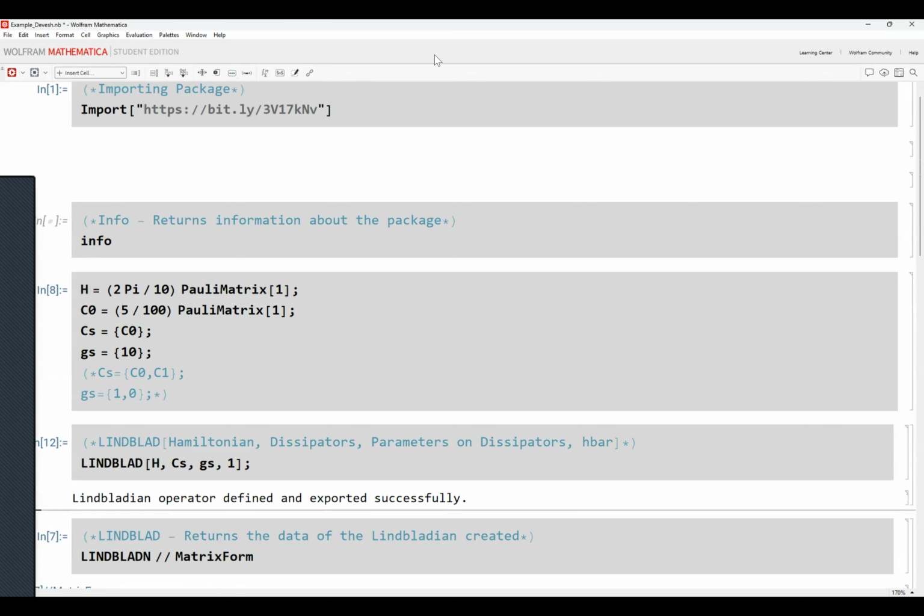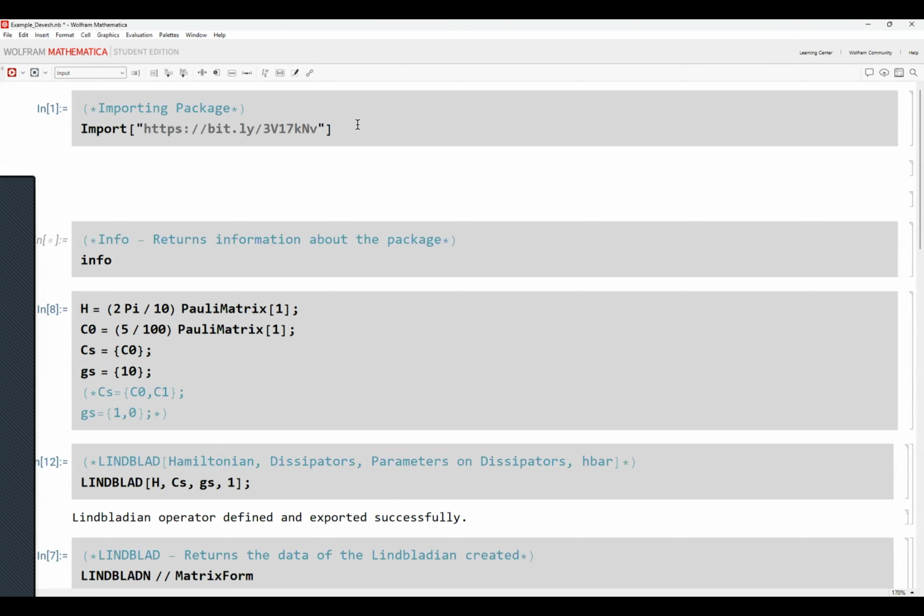Maybe he forgot a little bit how to import the package from the beginning. So we go back to Python.